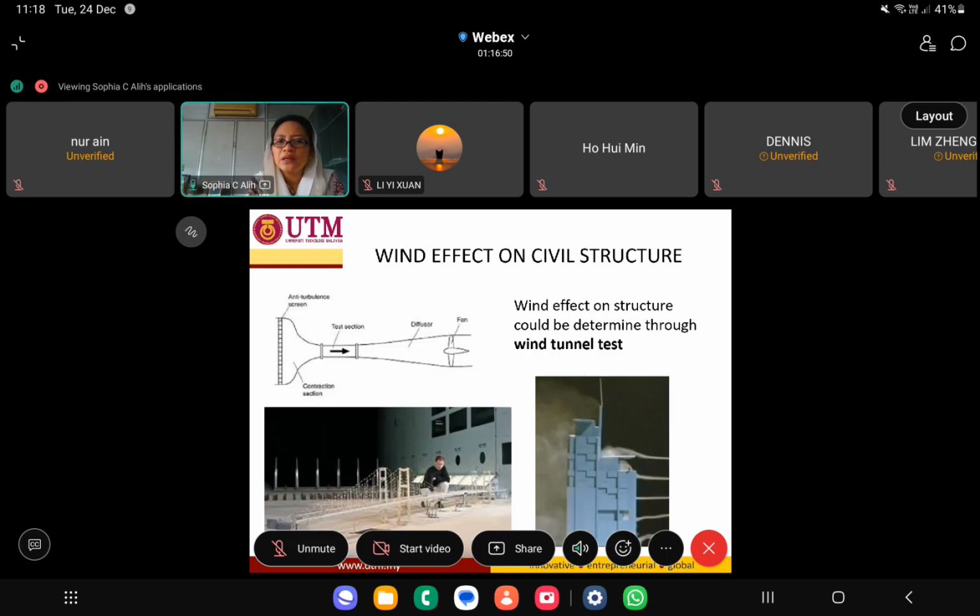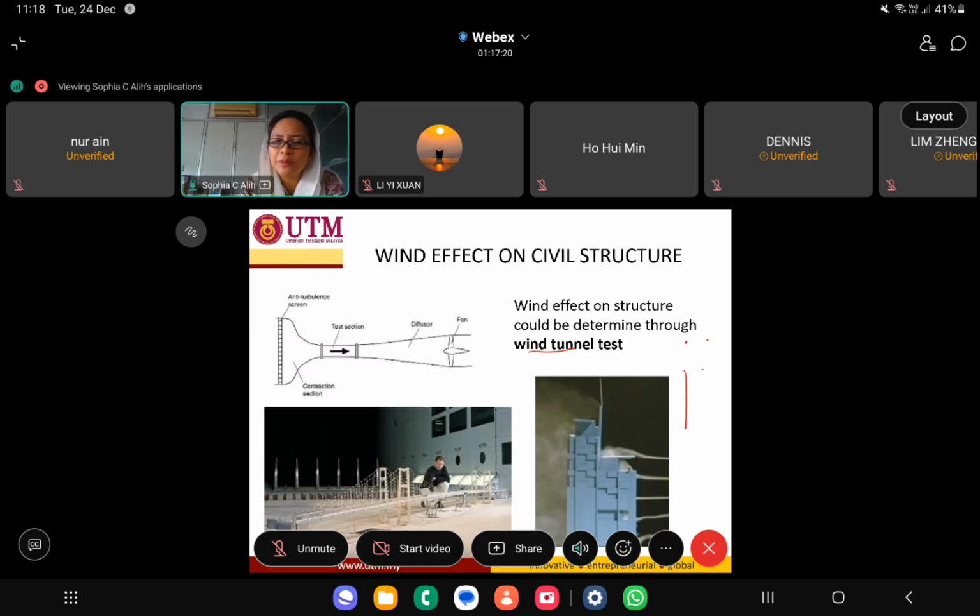Now, I mentioned to you that when the dynamic effect also governs your structure, other than doing the dynamic analysis, it is also essential to go through a wind tunnel test. We have a wind tunnel lab in UTM, in the Aero Lab. What the wind tunnel gives you is that if you check your code, it will give you pressure coefficients.